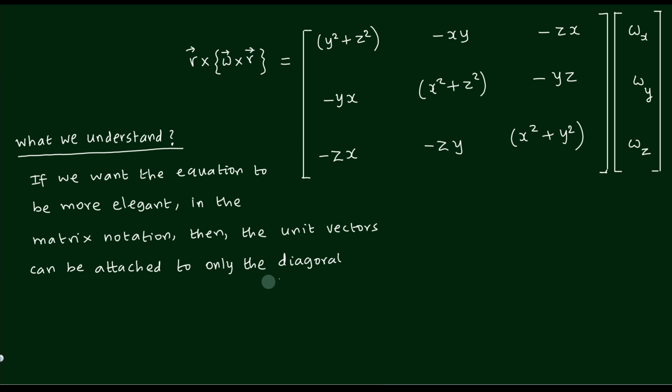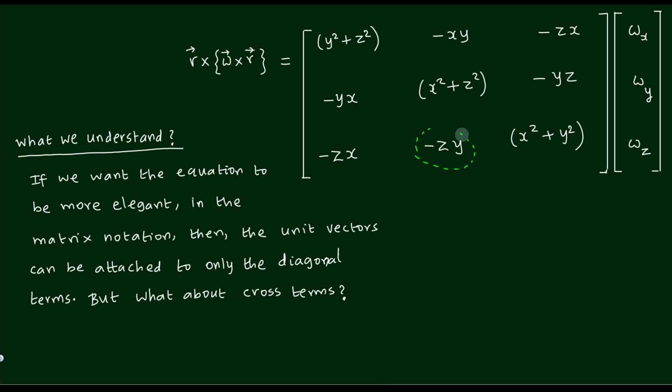Those things will come only if you see the unit vectors and search where they are. Unit vectors cannot be attached to all the terms. But what about the cross terms? You know what is diagonal and cross term, right? In a matrix, diagonal term, you know cross term. Cross term means all other off diagonal terms.